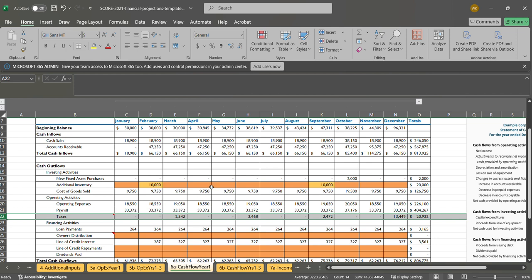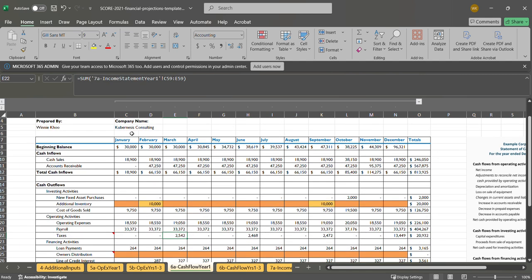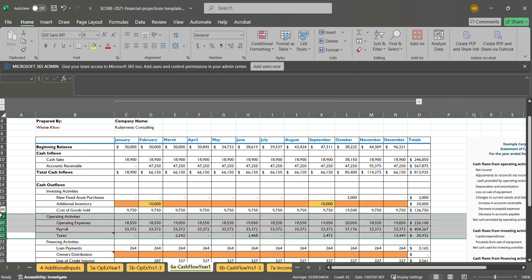And typically estimated tax payments are made at the end of the quarter, which is why there's just one number at the end of every 3 months, because that's when you'll make the estimated tax payments. So these three constitute the operating activities for the business.